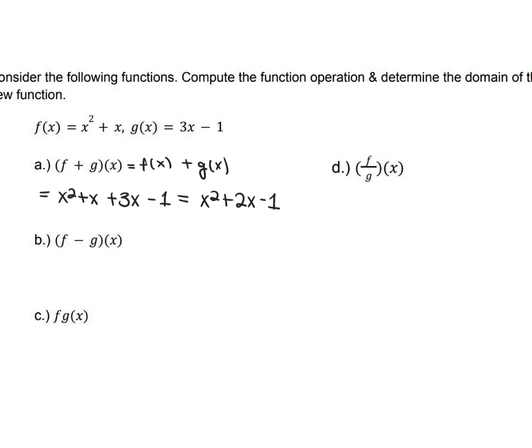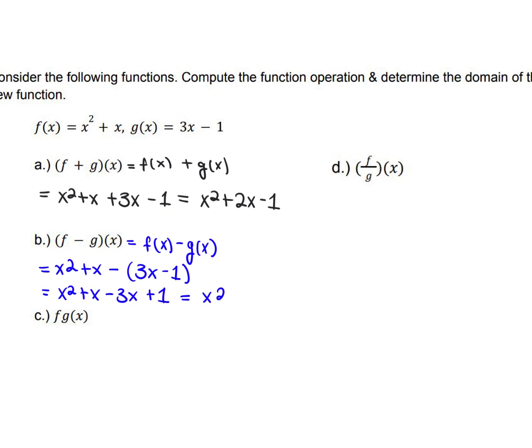Then we have f minus g of x, so that's f of x minus g of x, so that's x squared plus x minus 3x minus 1, which is the same as x squared plus x minus 3x plus 1, which is the same as x squared minus 2x plus 1.